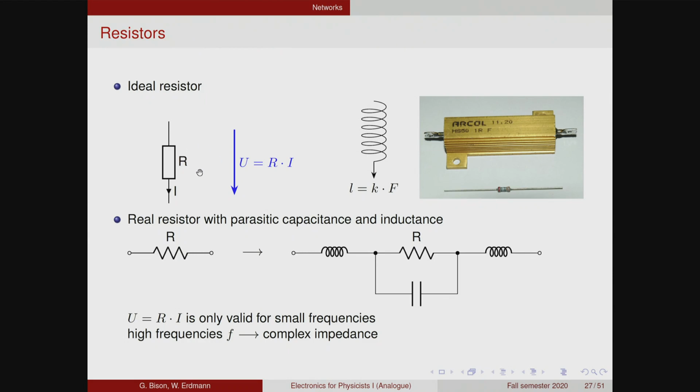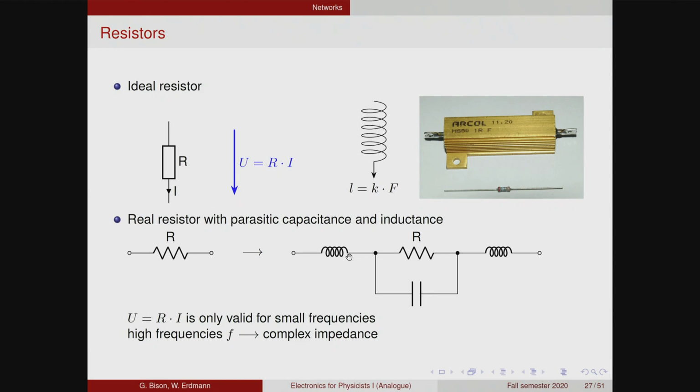Now this is an ideal resistor, and if we want to describe a resistor that corresponds more to a real resistor that we would find, if you take this component and measure all its quantities very carefully, you find that it has a certain small capacity or a small inductance associated with it.